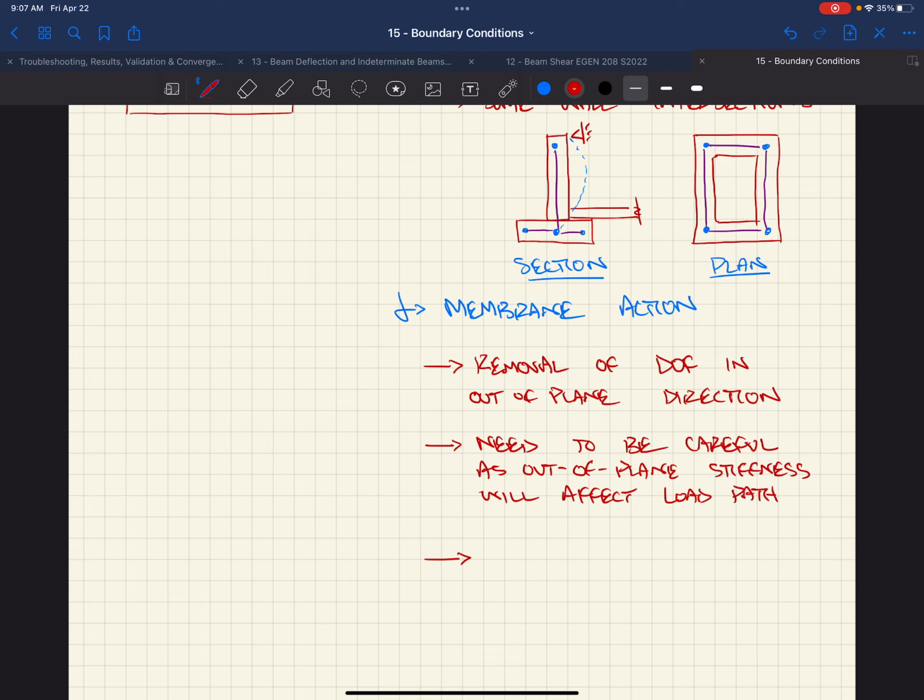All right. We have a diaphragm. Say we had some joists that are framing into it. We start pushing on this diaphragm, right?